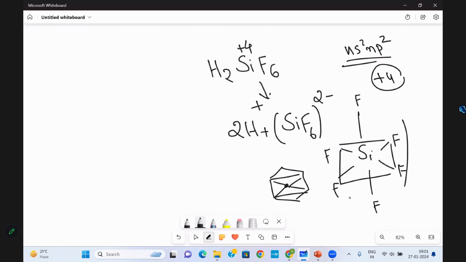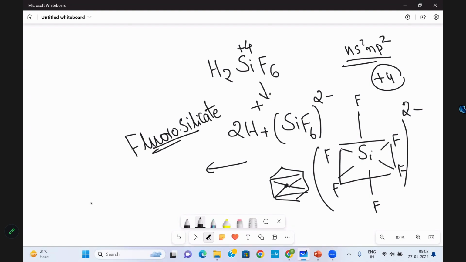It takes up an octahedral geometry, a 2 minus ion. It's a fluorosilicate anion.